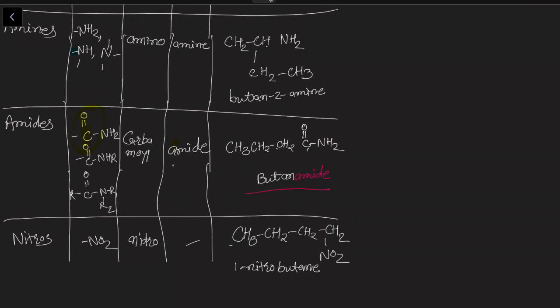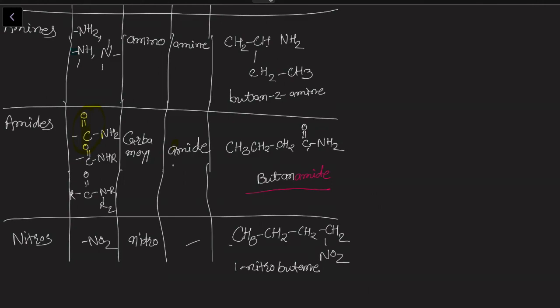The next group we learned is amide, C double bond O, and then C bonded with nitrogen, and that nitrogen is bonded with two hydrogens, or one hydrogen and a carbon chain, or both of the hydrogens are replaced with carbon chains. The prefix for it is carbamoyl, and the suffix is amide.